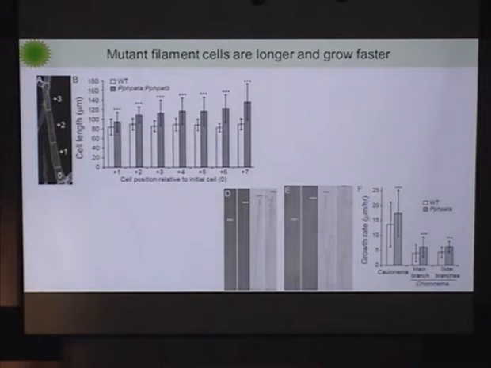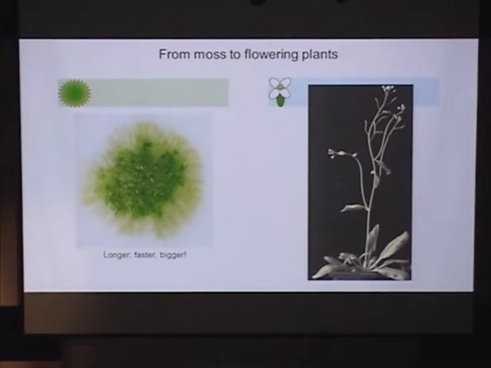But regardless of which type of filament is elongating, the mutants will tend to elongate more quickly than the wild-type filaments. There's a lot of variation between filaments, but on the whole, at the population level, you have this increase in elongation rate in the mutants. Okay, so the mutants elongate faster, they get bigger.